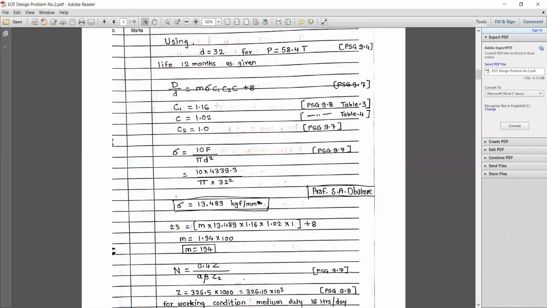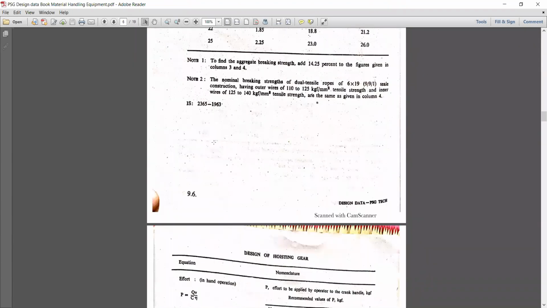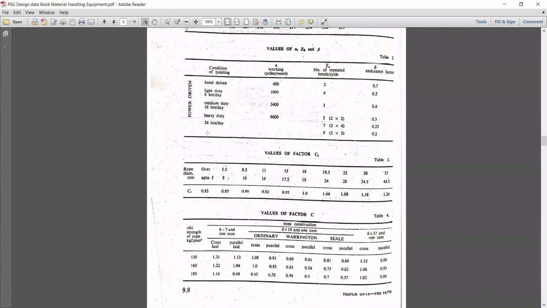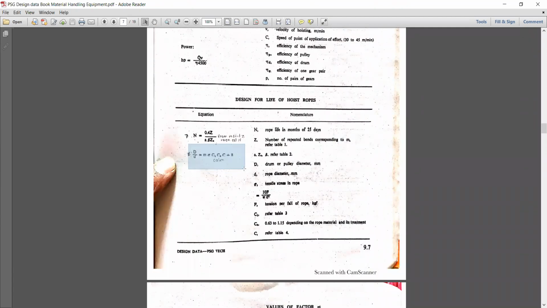Referring to page number 9.8 with table number 3, we have calculated the value of c1 as 1.16. The formula is given over here on page number 9.7, and we are using it to design for the life of the hoisting rope.